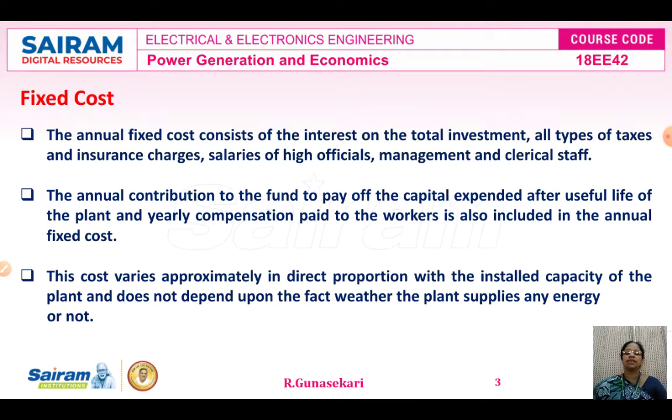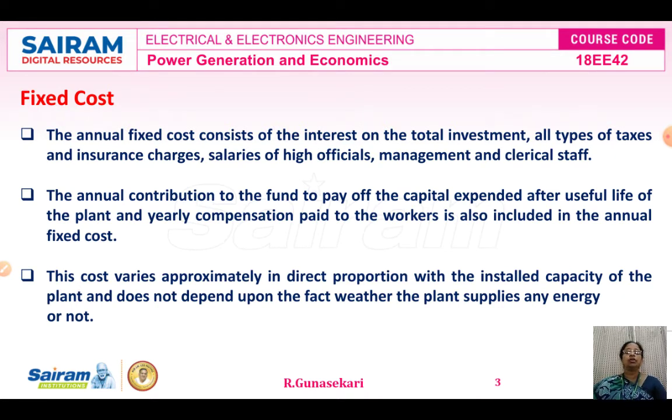First, fixed cost. The annual fixed cost mainly consists of interest on the total investment, all types of taxes and insurance charges, salaries of high officials, management and clerical staff.